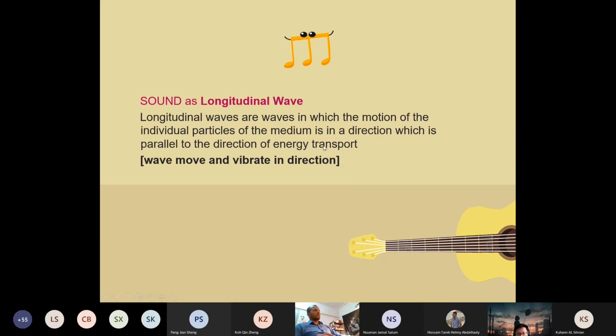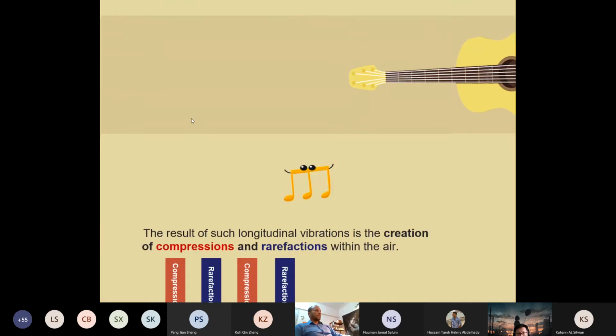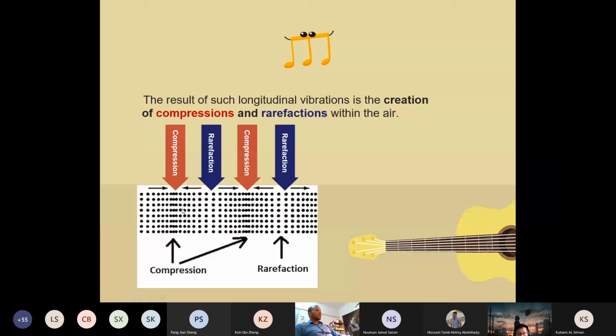So it's very clear, I think. It goes horizontally, you can say. And when it goes horizontally, the result of such longitudinal vibration is the creation of compression and rarefaction within the air.